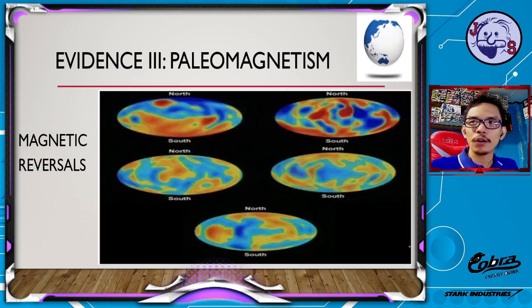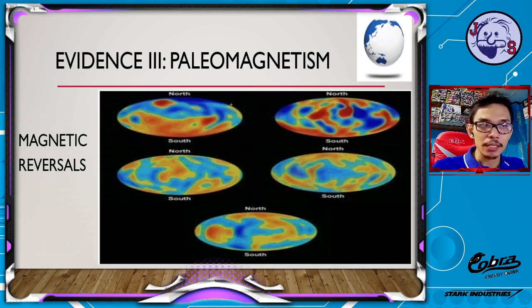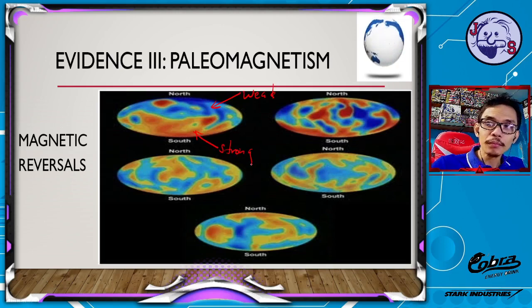So the blue ones, right? As the magnetic field of the Earth reverses, it weakens in some places here on Earth, like the one that we have right here. Blue indicates weak magnetic field, and red indicates strong magnetic field.